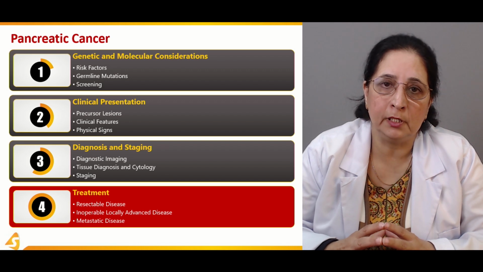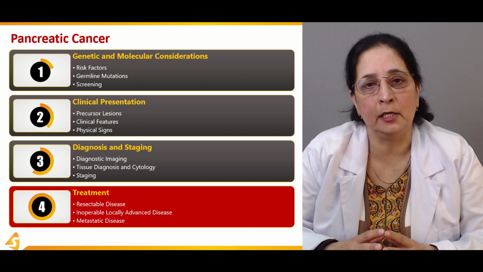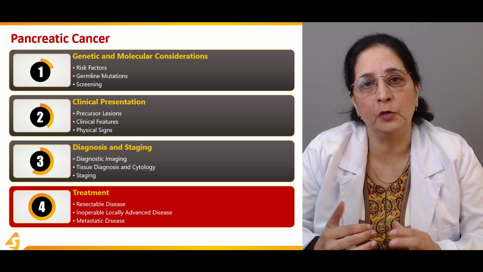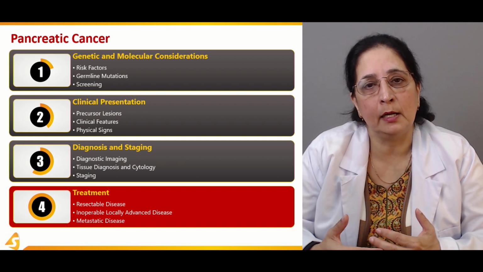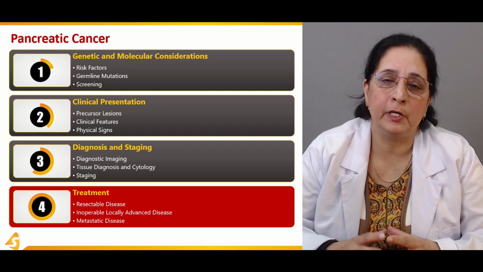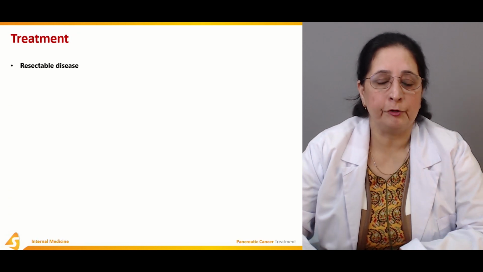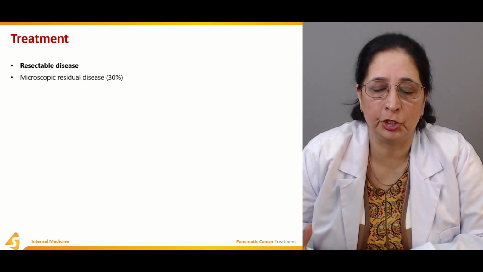And then in the third stage, metastatic disease, it has already metastasized to distant sites, and in this case the treatment is more towards palliative treatment, chemotherapy and drugs that can be tried to improve the condition.